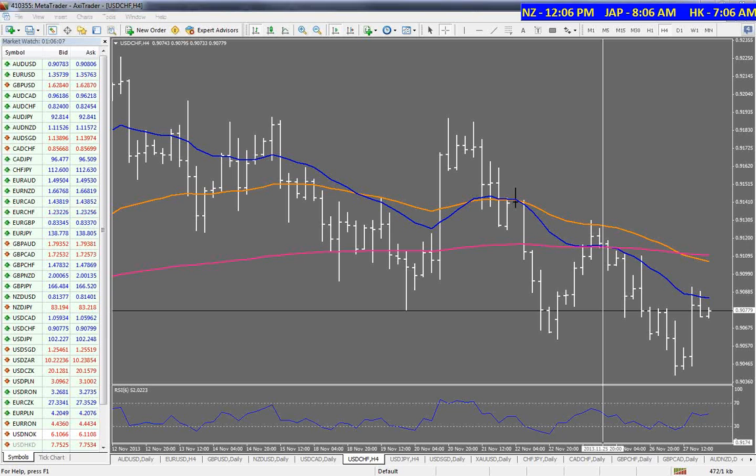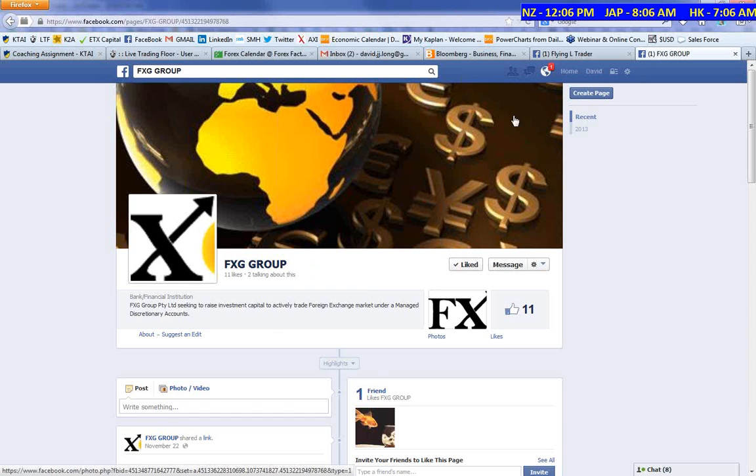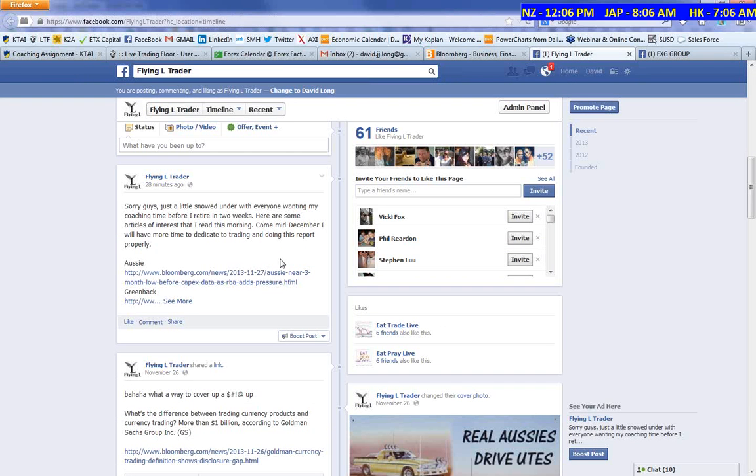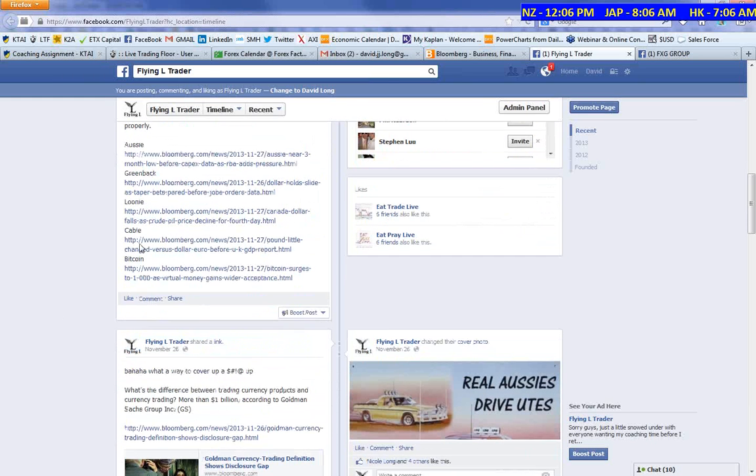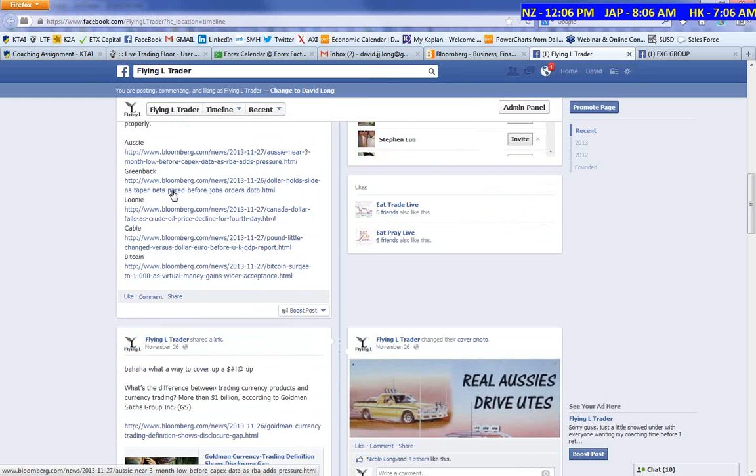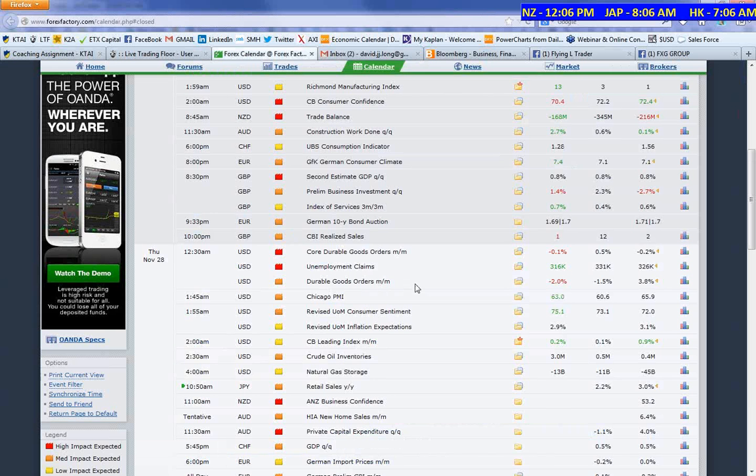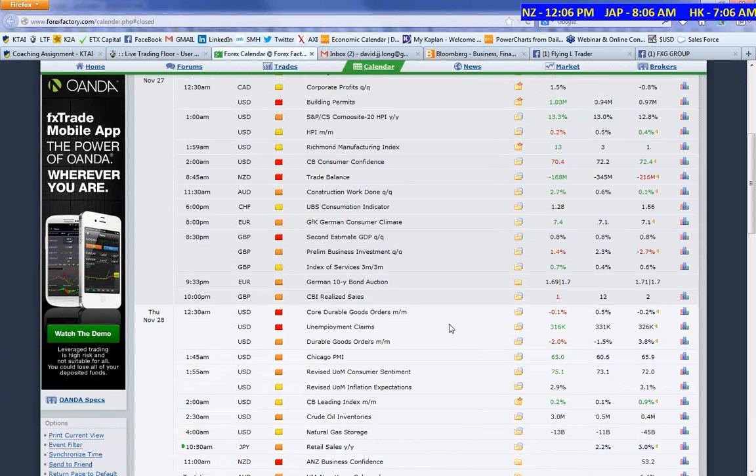So where are we at with the moves overnight? There were quite a few. I didn't have a chance to get to the report this morning, but if you go through these, it'll give you a bit of an idea: the Aussie dollar, the greenback, the loonie. There's interesting news on the cable from the data last night.